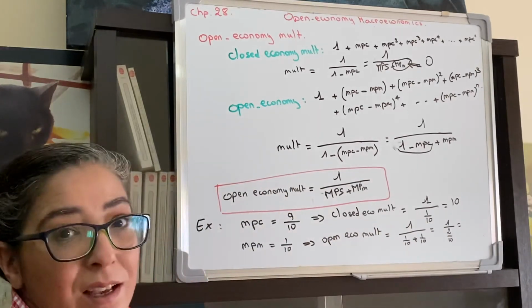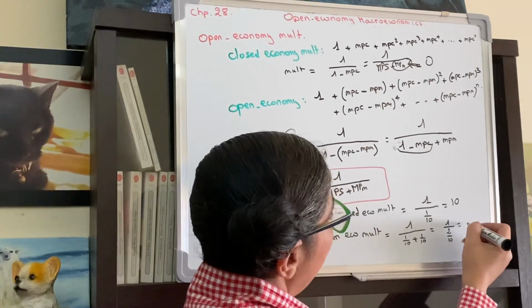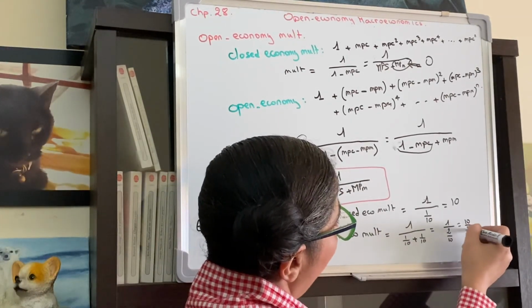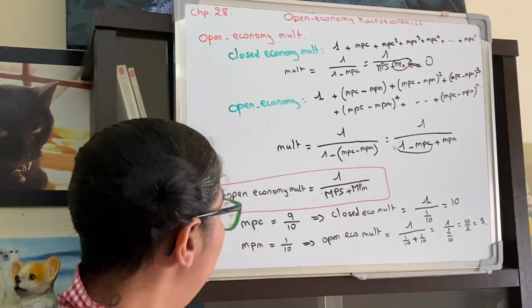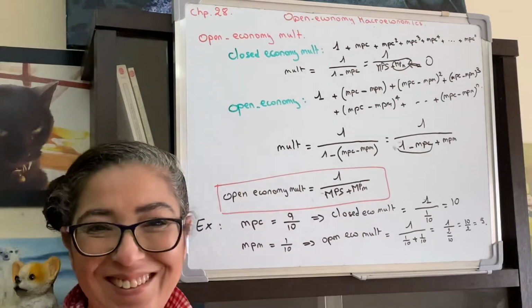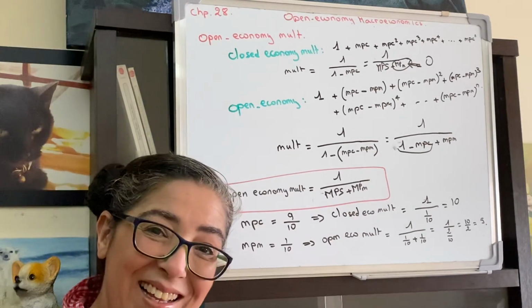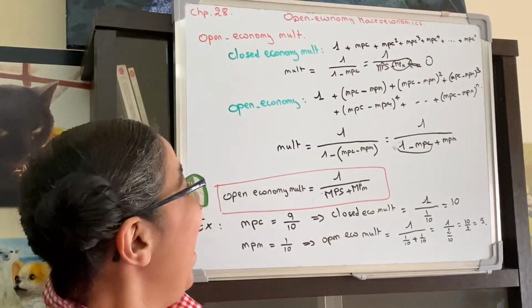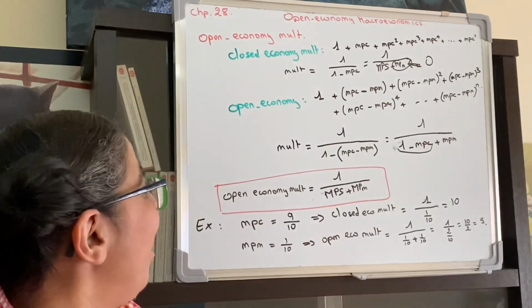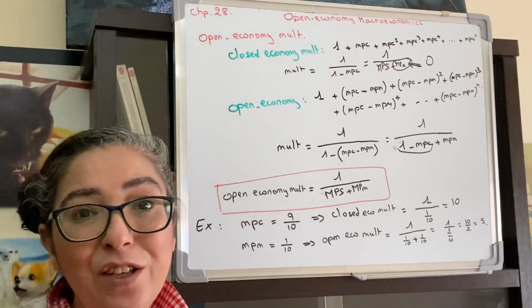Yeah? So my multiplier would be 10 over 2, which becomes 5. I hope I didn't make any calculation mistake. Do you get it? Yes? I hope so. Take a screenshot. You need to know your multipliers.